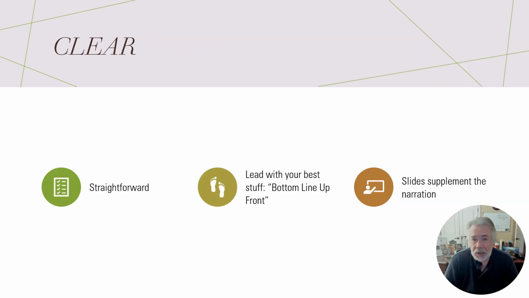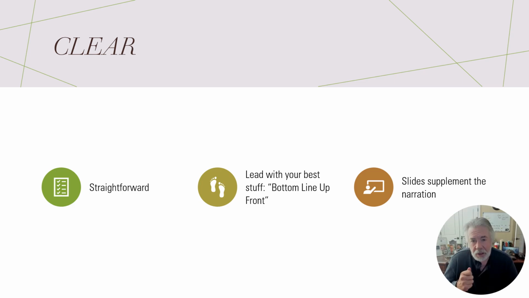Another of the competencies that the textbook talks about is being clear in your communication. This too it seems like it's obvious, but it's amazing to me how often people get muddled in their communication. They don't use the right words, or they use too many words, or what have you.